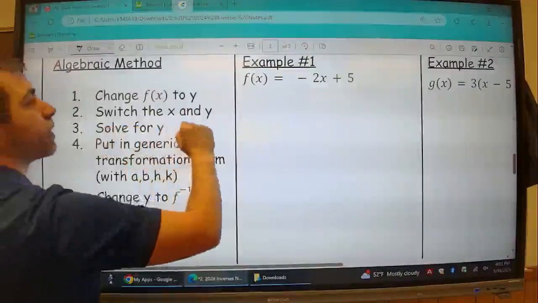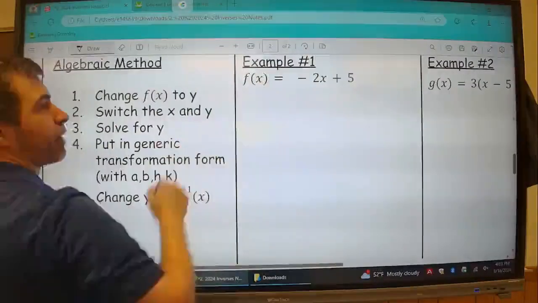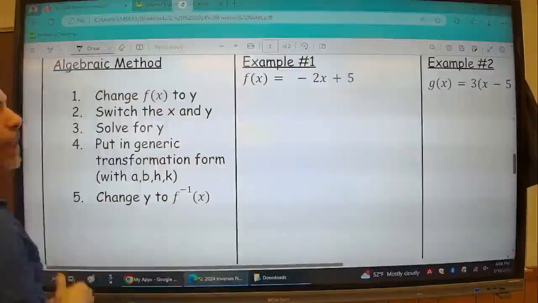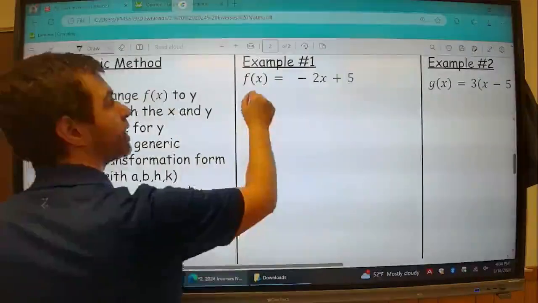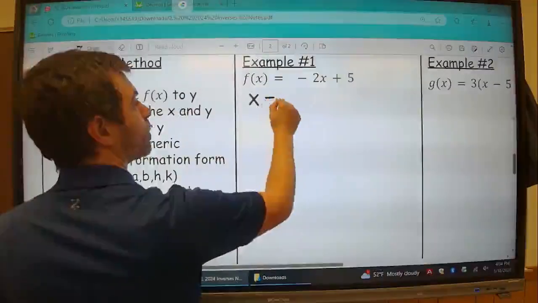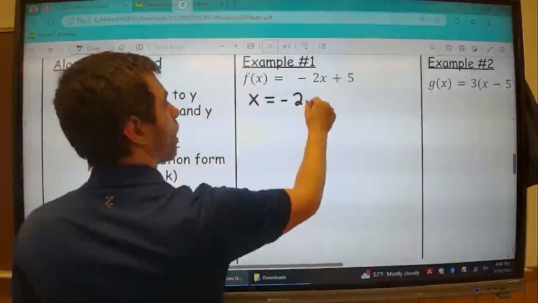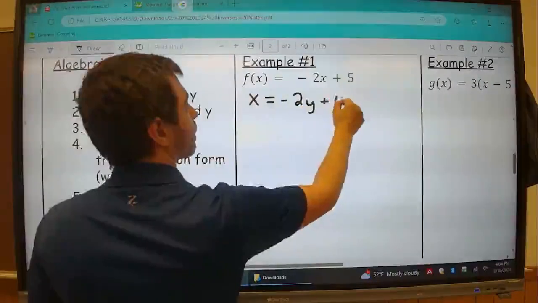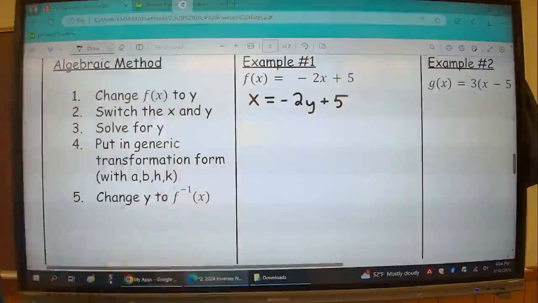So my problem is y equals -2x plus 5. When I make the switch, now it's x equals -2y plus 5. Nothing changed except for x and y's position. And now comes the algebra.